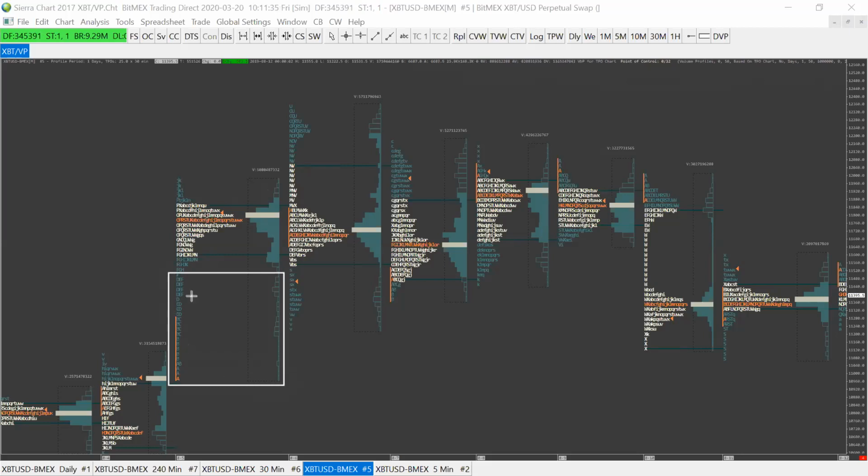So you can see that price has spent very little time trading down at the bottom of this day, and as a result, there's very little volume traded there.